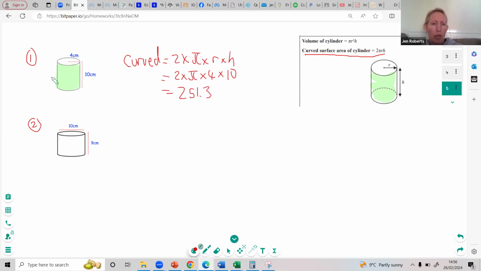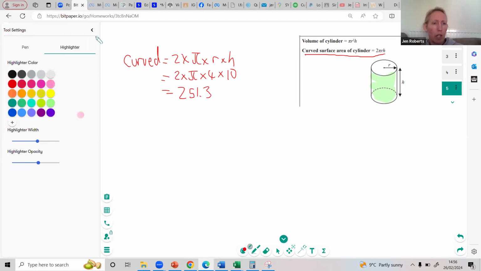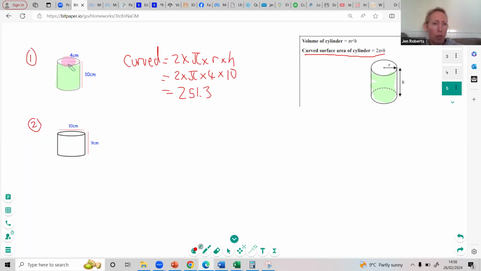What if they want the total surface area? Well, we need to include the circle on the top and the circle on the bottom. What's the formula to find the area of a circle? Just have a little think. Yep, it's pi r squared. r is 4. Pi times 4 squared is 50.3.